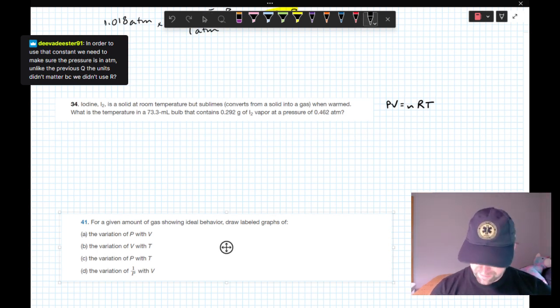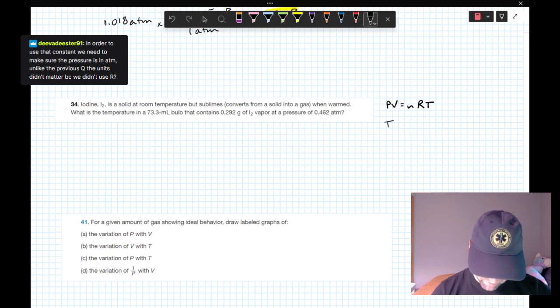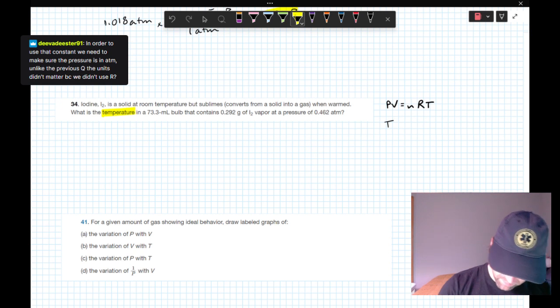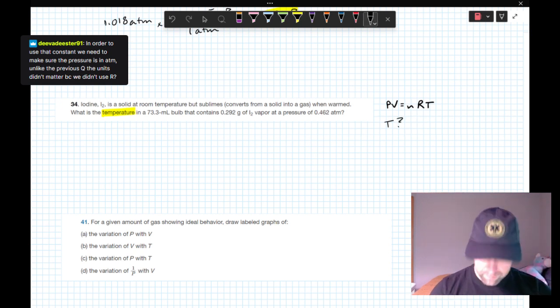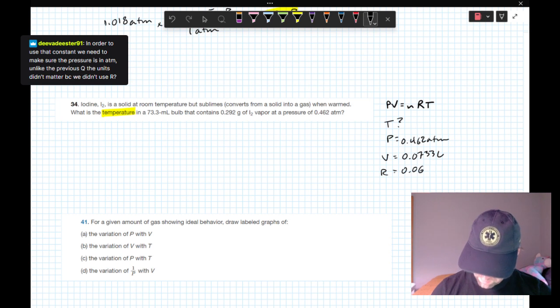Let's write down what we've got. We're not given temperature. What is the temperature? We're given a pressure in atmospheres. We're given a volume. We are given the gas constant, 8.206, and we need to calculate our quantity.